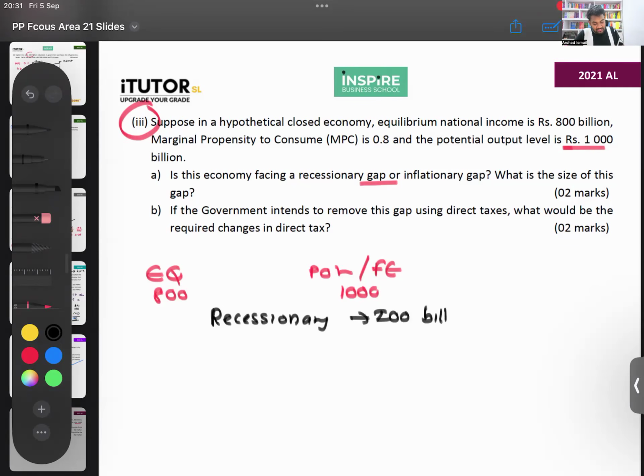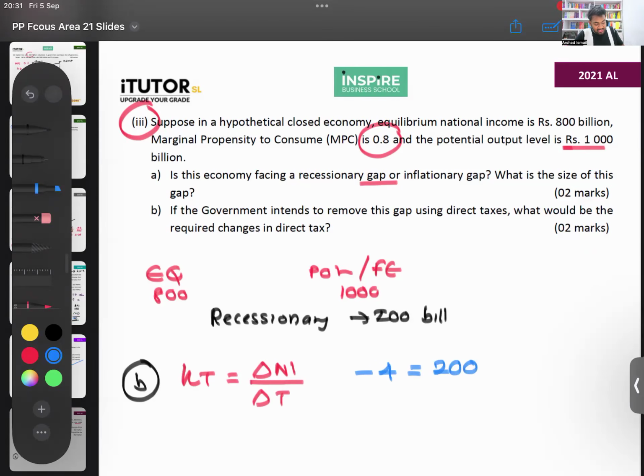Easy things. So part B is asking, if the government intends to remove this gap using direct taxes, what would be the required change? So if my MPC is 0.8, how much is my tax multiplier? Now you all know this. Tax multiplier is minus 4. So I want a change in national income of 200.